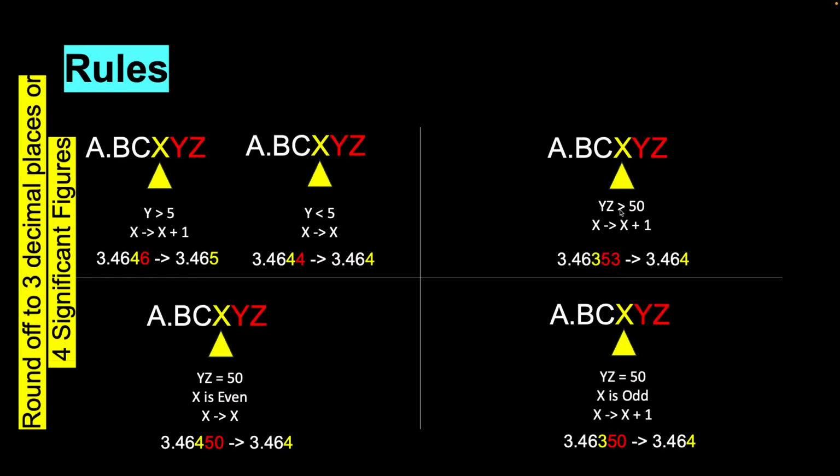Now the case is if the number is greater than 50, it means it could be 51, 52, 53, 54 till 59. So what happens to the cutoff digit x? If that yz, the number after the cutoff digit, is greater than 50, then the cutoff digit has to be increased by 1. For example, 3.46353 turns to 3.464.